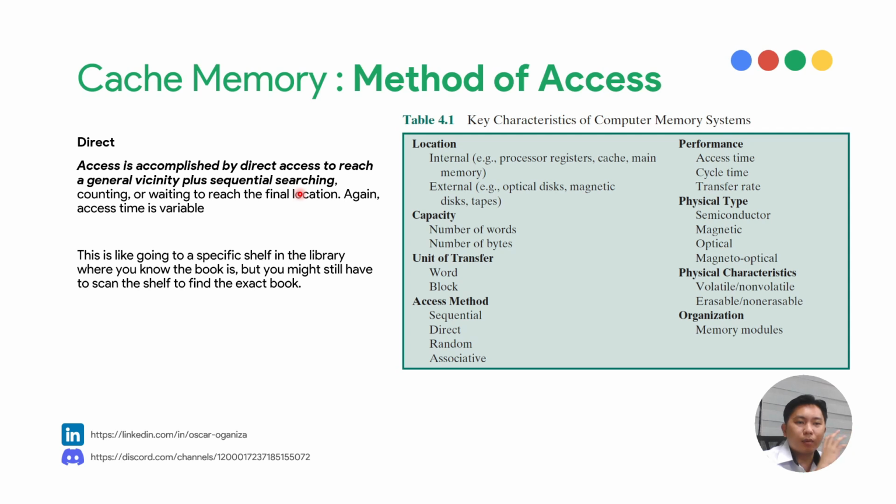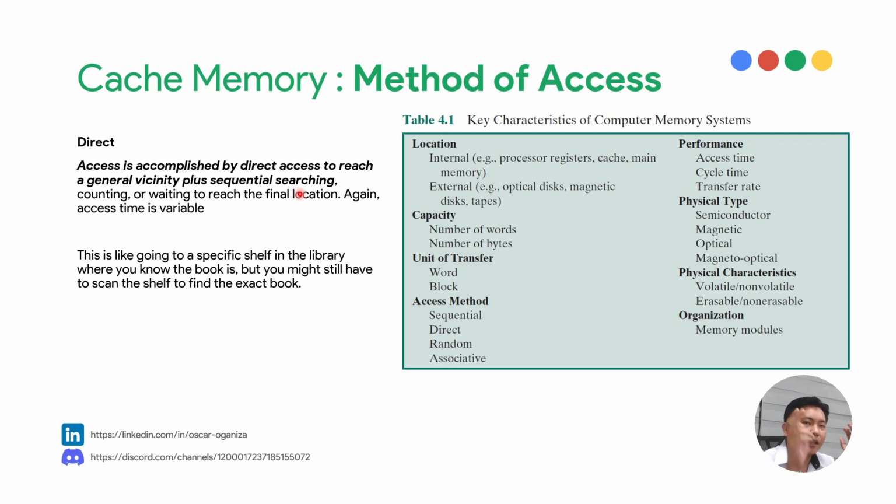So that's direct approach. Again, dito binigyan ng example sa library pero medyo malawak na. Doon sa sequential, you have to make sure that you read the first page to the last page before mo makuha yung data na hinahanap mo. For example, yung data mo is nasa page 99, mag-start ka pa rin sa page 1.